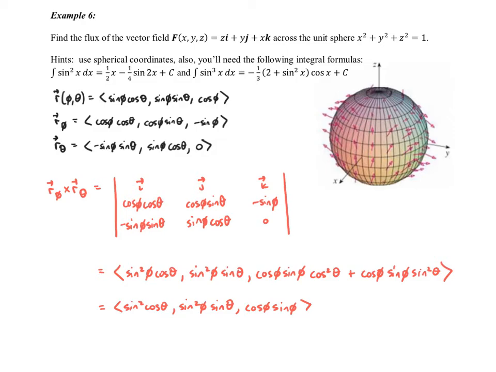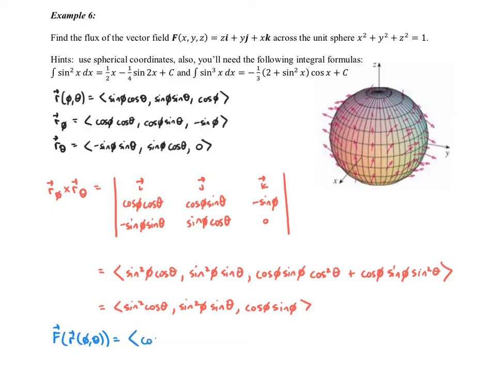Next, what we'll do is take a look at our vector F, which is made up of z, y, and x, and we're going to substitute in now r of phi, theta. In other words, we're taking z, which is the first component of vector F, and we're going to put in component 3, the component for z, from our equation for the surface. So we put in cosine phi for our first component.